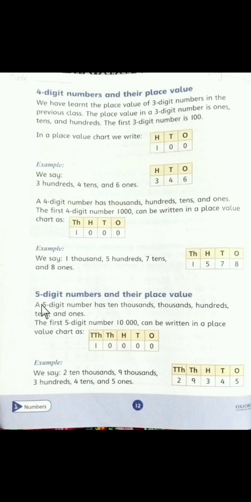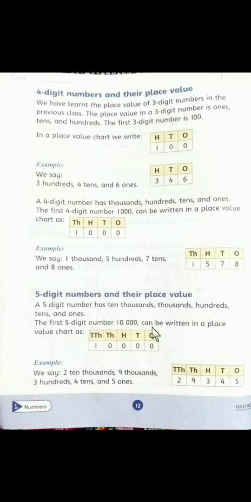Okay, now class, 5-digit numbers and their place value. A 5-digit number has ten thousands, thousands, hundreds, tens and ones. The first 5-digit number, 10,000, can be written in a place value chart.